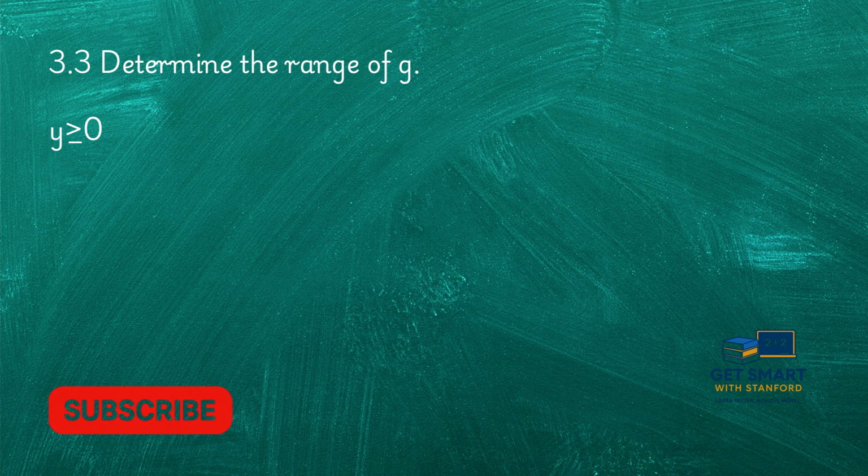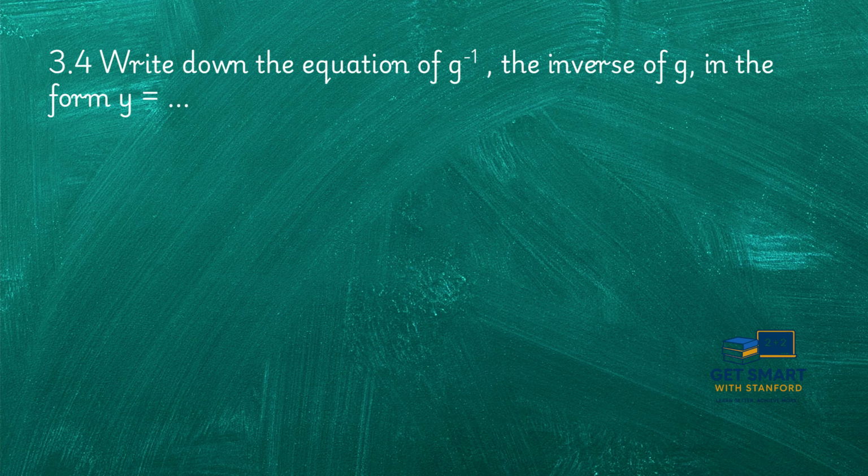And question 3.4, to find the inverse function, we simply swap the positions of x and that of y. To remove the root, we raise both sides to the exponent of 2.